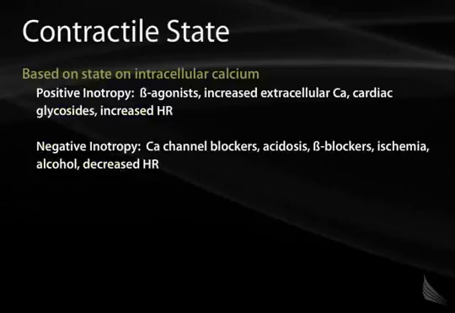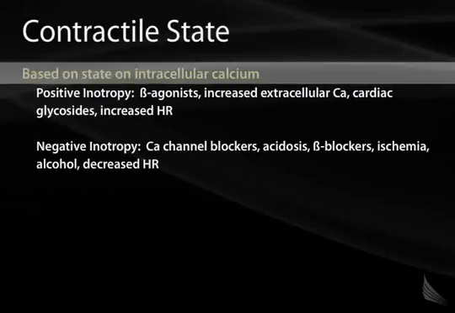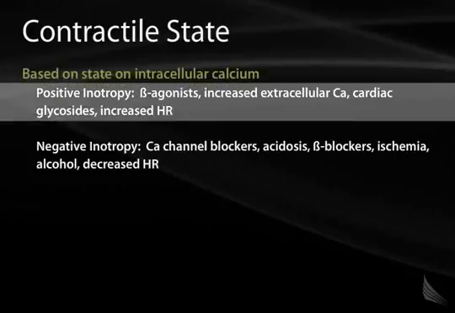Another important part of cardiac mechanics is the contractile state of the ventricle. How much contractility the ventricle has is all based on the amount of calcium present in the individual cardiac myocytes. Positive inotropy, or increased contractility, is caused by beta agonists such as epinephrine and norepinephrine, increased extracellular calcium, which is then taken up by the cell, also cardiac glycosides such as digoxin, and increased heart rate.